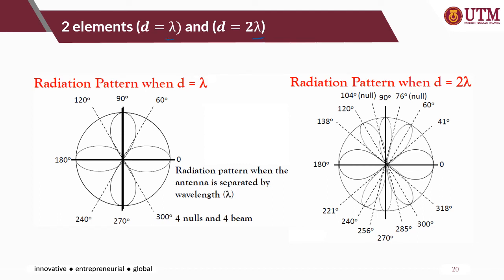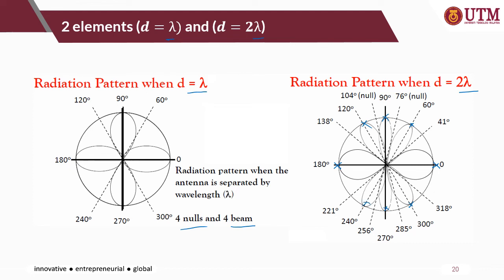Okay, this is what happens when the distance between elements is increased to lambda and also to 2 lambda. We can see that the maximum beam appears at a different angle when d equals lambda, so 4 nulls and 4 main beams appear within the radiation pattern. When d equals 2 lambda, more main beams appear, we can see them at 0 and 180 degrees, while the minor lobes or the other maximum beams also occur at these angles.